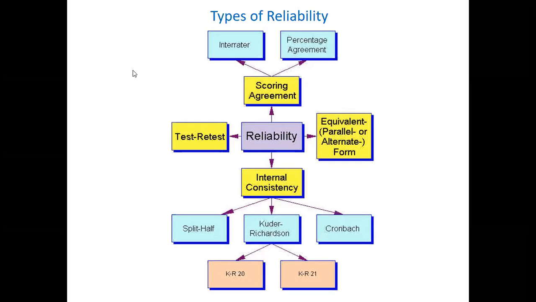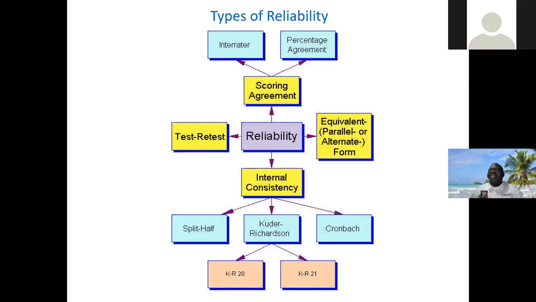You administer the instrument to a set of people, and then wait for some time. That time is long enough for the people to have forgotten the responses they gave for each question, yet short enough that the attribute you are measuring has not changed in that person.